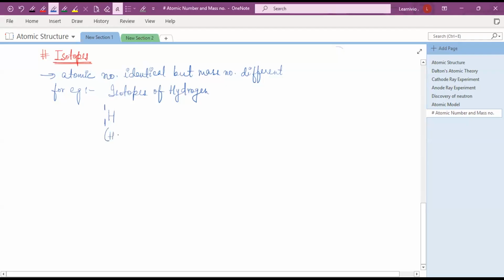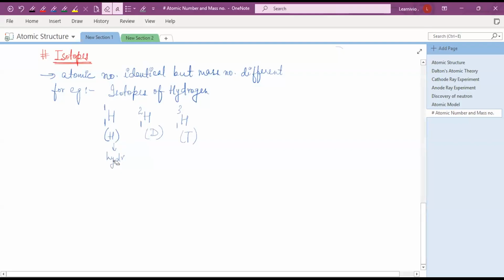This is hydrogen, denoted by capital H. The atomic number is 1, the atomic number will be the same, but the atomic mass will change. H with mass 2 is deuterium, denoted by capital D. This is an isotope of hydrogen. And if the mass number of hydrogen is 3, it is known as tritium, denoted by capital T.